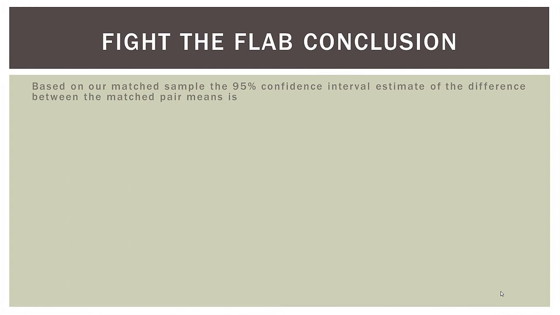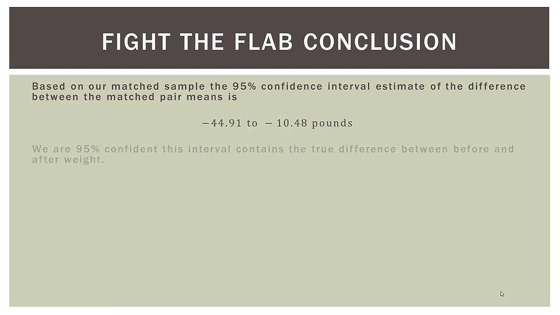So how can we state our conclusion? Based on our matched sample, the 95% confidence interval estimate of the difference between the matched pair means is negative 44.91 to negative 10.48 pounds. So that is the 95% confidence interval estimate for the mean of those differences in that column.